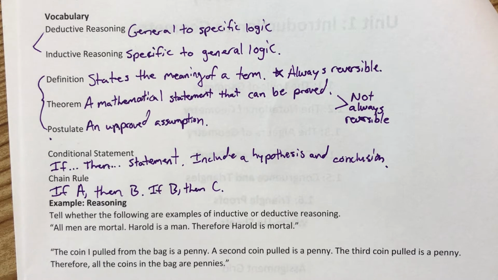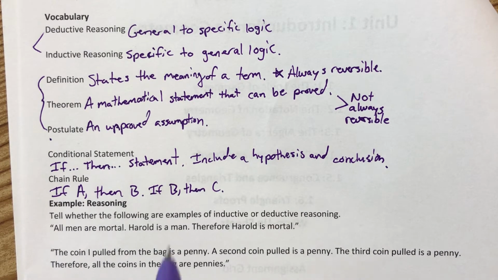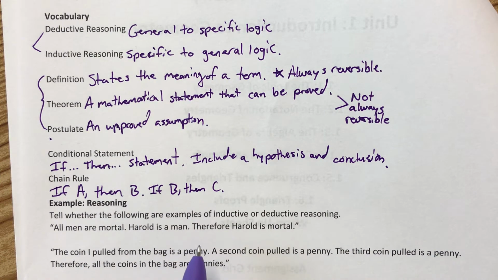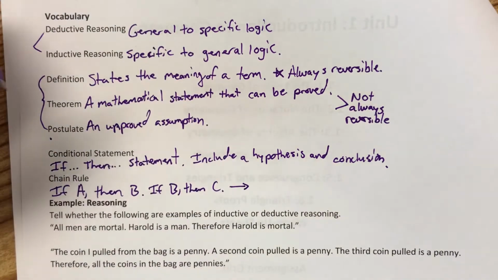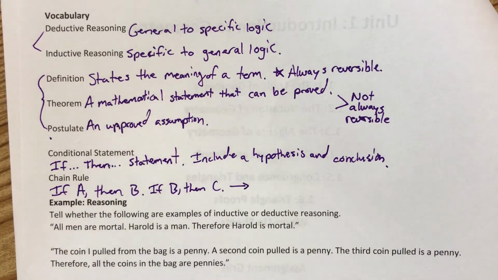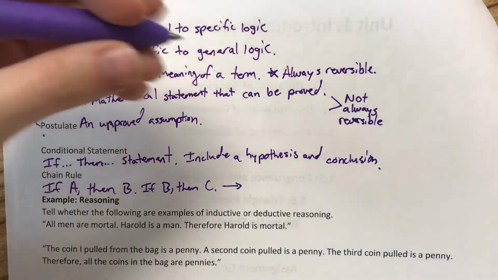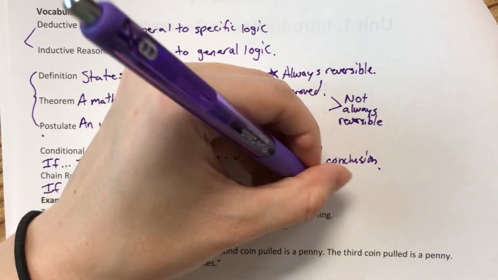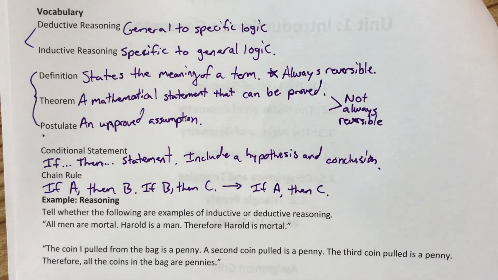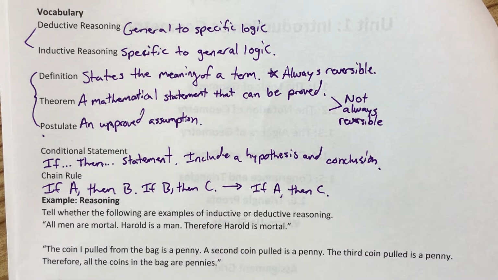If I get good grades, then I will go to college. So that middle term, if I get good grades, is the same in both of my statements. That means that according to the chain rule, I can take those two statements and smush them together. And now my new statement is, if A, then C. If I study hard, then I will go to college. So I can put them together and drop out that middle term.